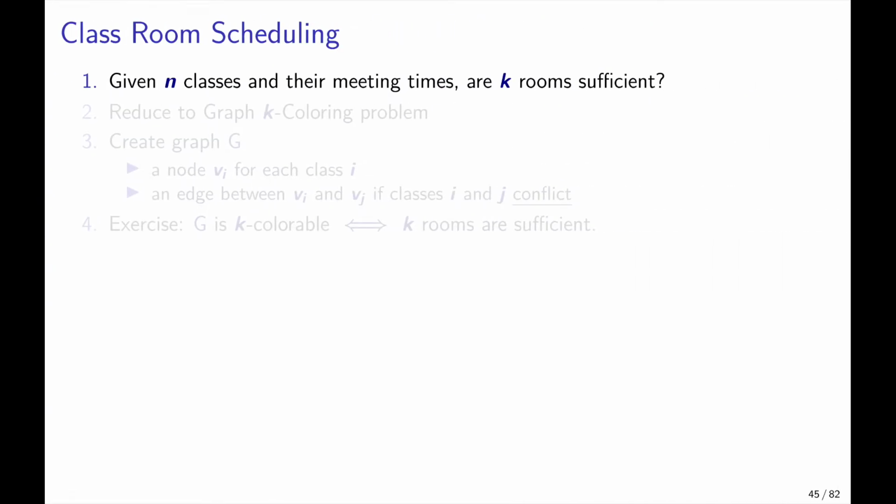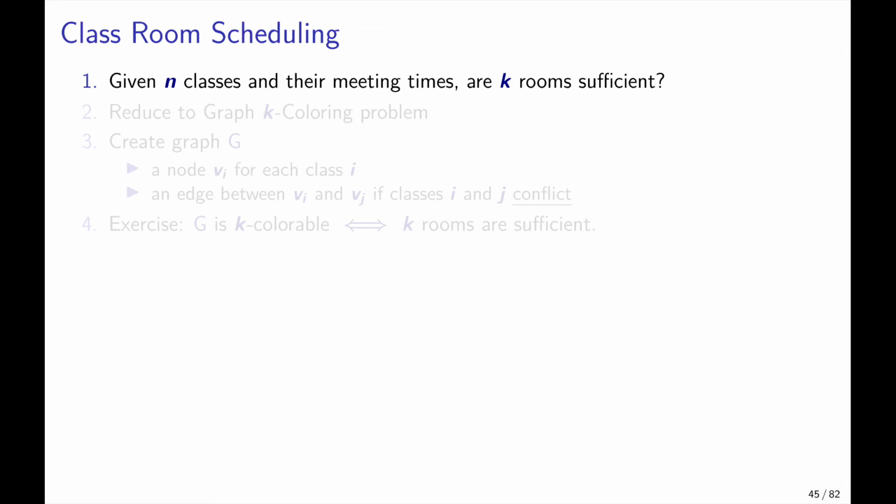Here is another classical problem, class scheduling. You have classes, you need to schedule them inside rooms, for example. Two classes are in conflict if they're at the same time, or the same instructor teaches them, or the same student has to take them. So you build a conflict graph where every node is a class and every two classes are connected by an edge if they are in conflict for one of those reasons.